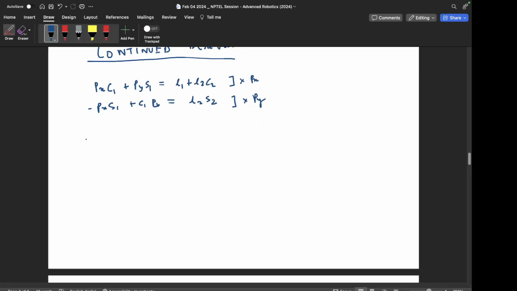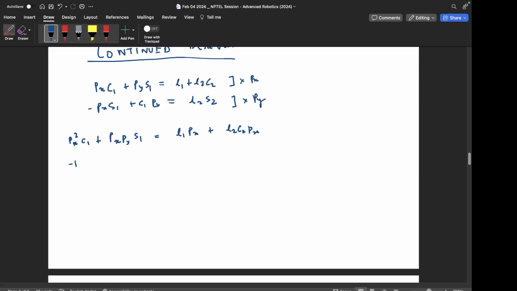Okay, so the first equation which we will get is Px square C1 plus Px Py S1 is equal to L1 Px plus L2 C2 Px.